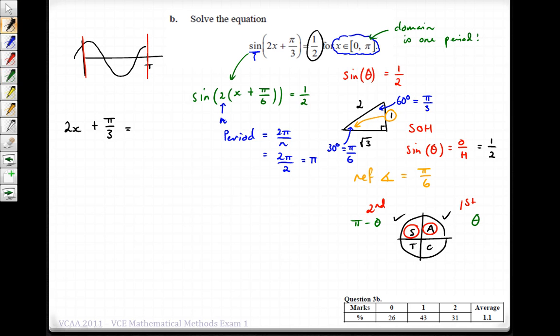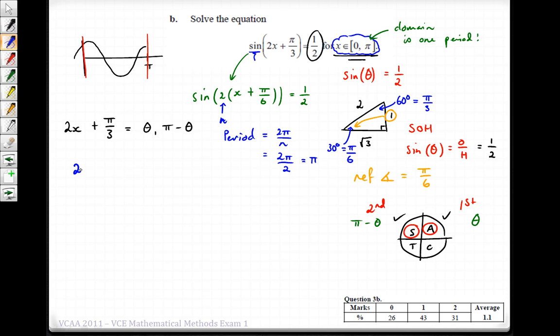So we're going to let this equal theta, pi minus theta, and hopefully we'll find that that's within this domain up here, and if not, we can just extend it out by adding and subtracting off periods.